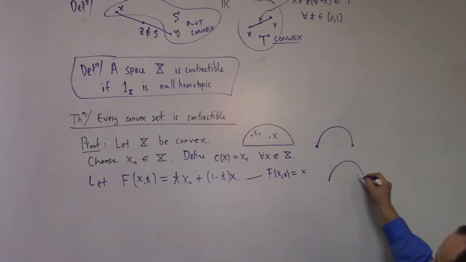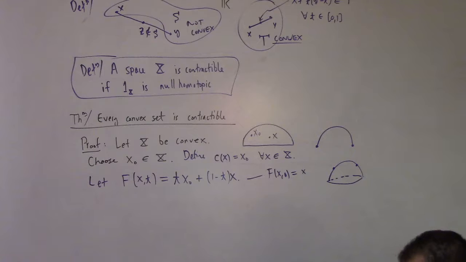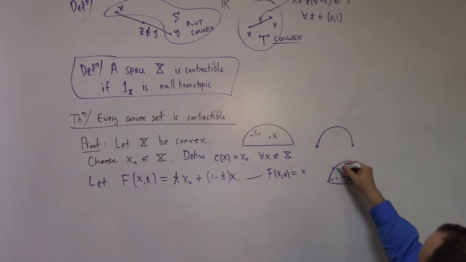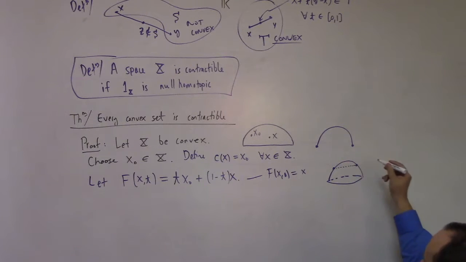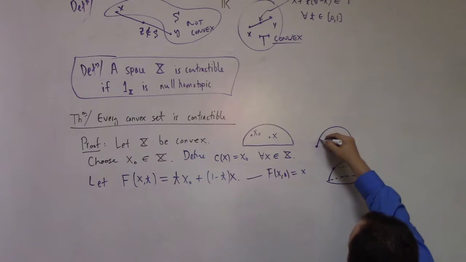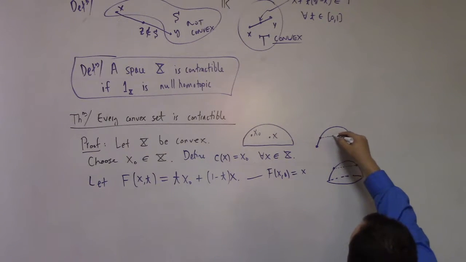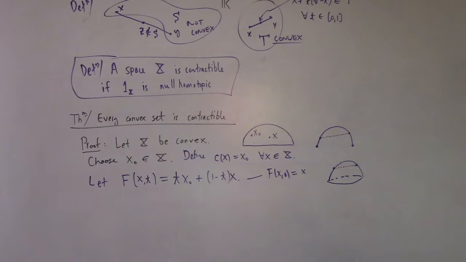In fact, it's kind of maximally unconvex, because only the endpoints of the line segment are on it. This is like the farthest from convex you can be.